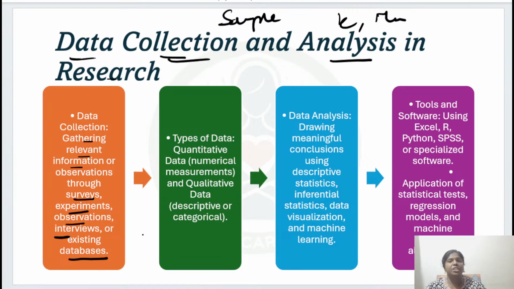In this particular village, how many houses are there, how many elderly, how many newborns, how many pregnant mothers, how many geriatric cases, how many toddlers, how many infants. All this survey we will do. This is called data collection.